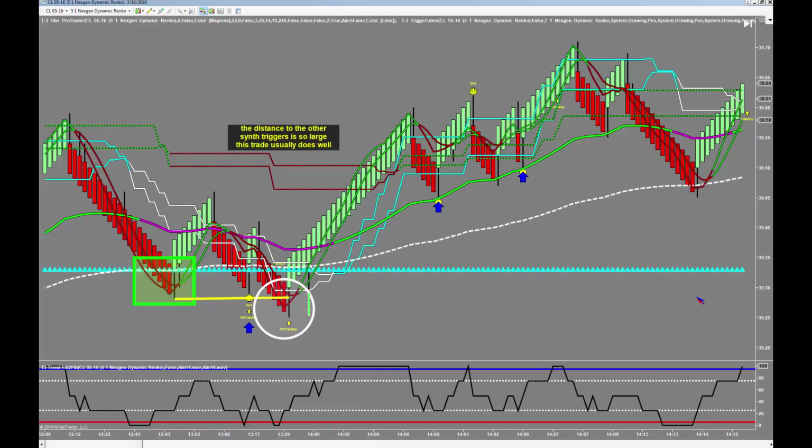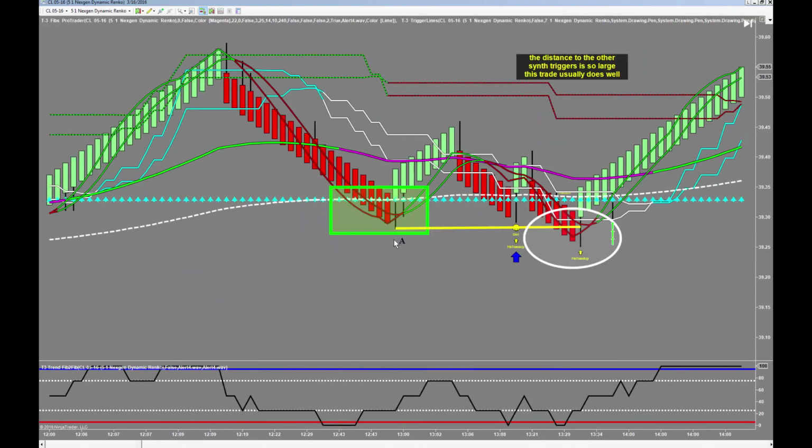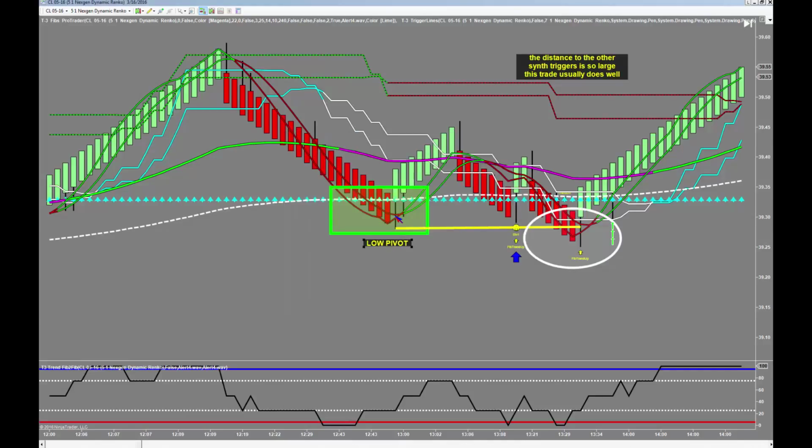When you say, how do you see the stop out? Well, the market puts in this low pivot right here. Let me label this up just a little bit for you. We're at support, and the market puts in a low pivot.